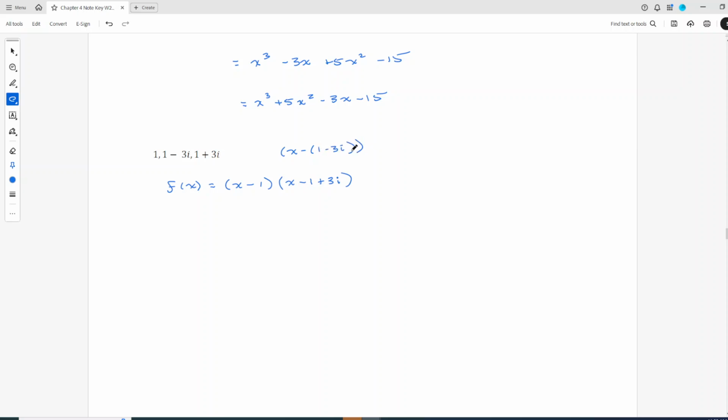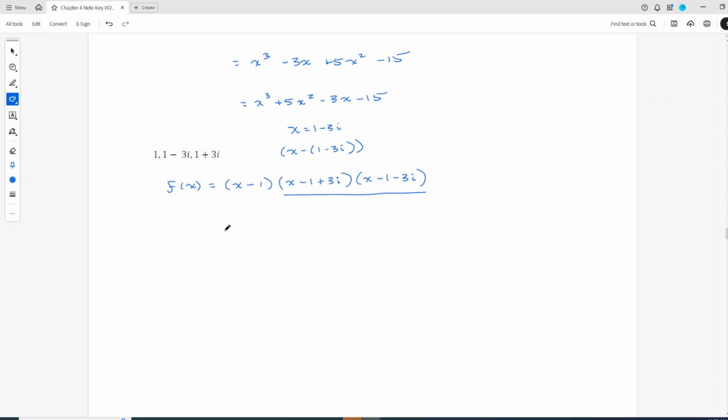Or you can think if x was equal to 1 minus 3i, when I bring them over to the other side, it's going to be x minus 1 plus 3i, whatever works. Then my other bracket is going to be x minus 1 minus 3i. And then again, just like the one before, you always want to multiply what we call these conjugate pairs together first. So we're going to multiply this through.